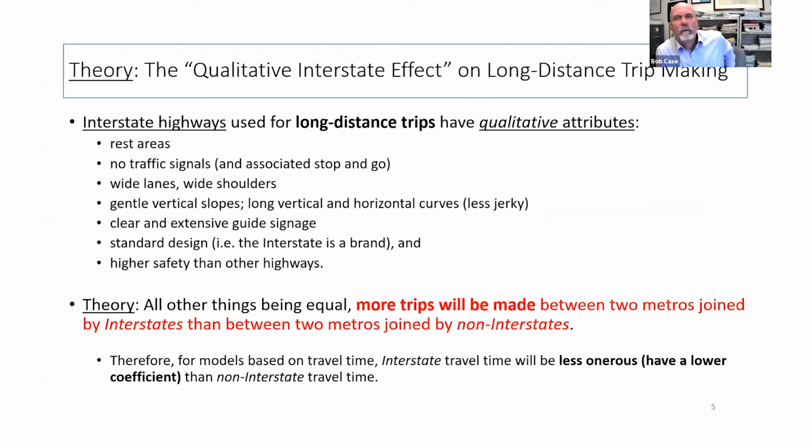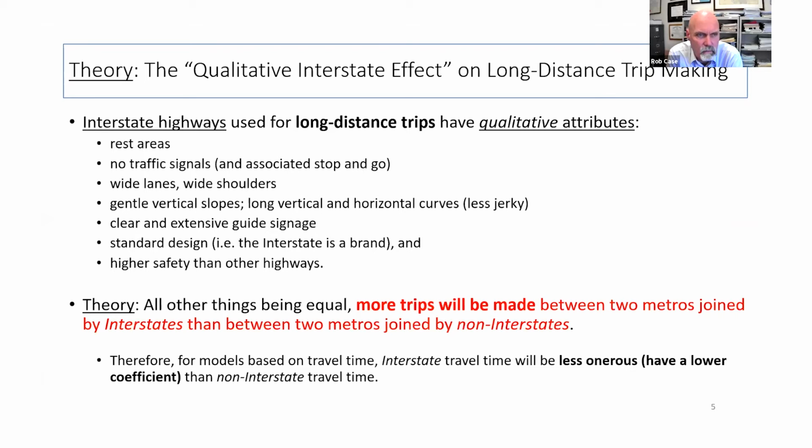And so I had this theory that it did, and so then we wanted to test it, and we used StreetLight data to test it. And I called it the qualitative interstate effect, because interstates have these qualitative attributes. In addition to their, for example, speeds, travel times, they have these qualitative things that are a little harder to measure, but thinking they might be significant.